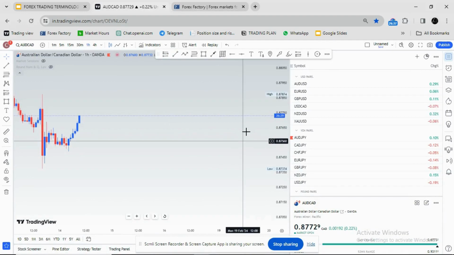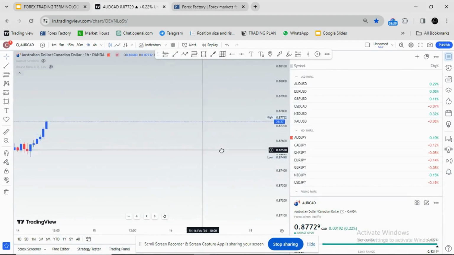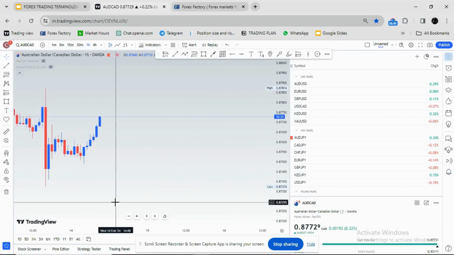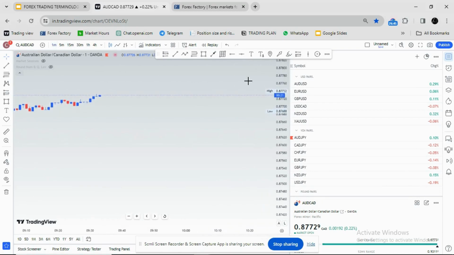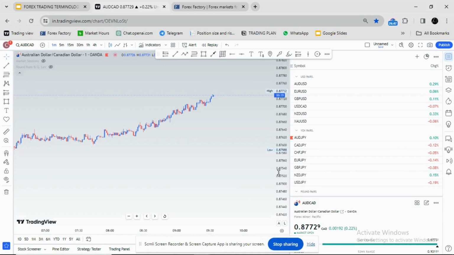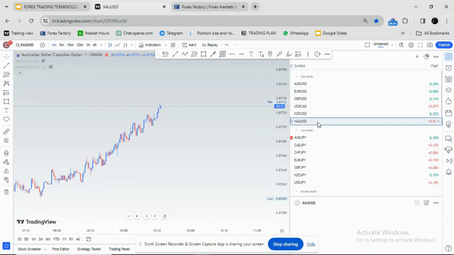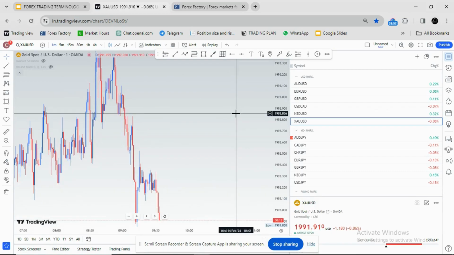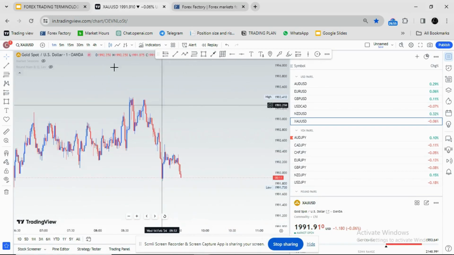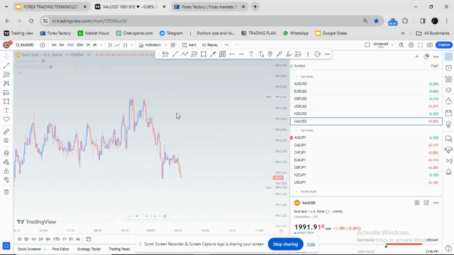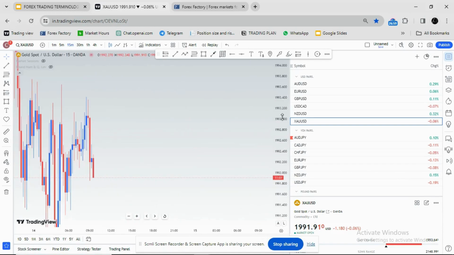Volatility is when you see prices moving like this. There are pairs which are highly volatile and there are pairs which are not volatile.